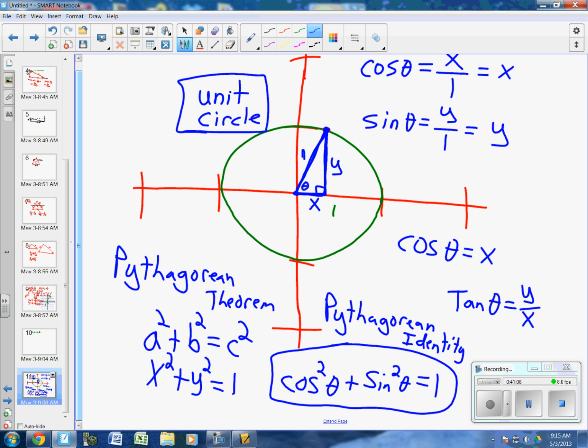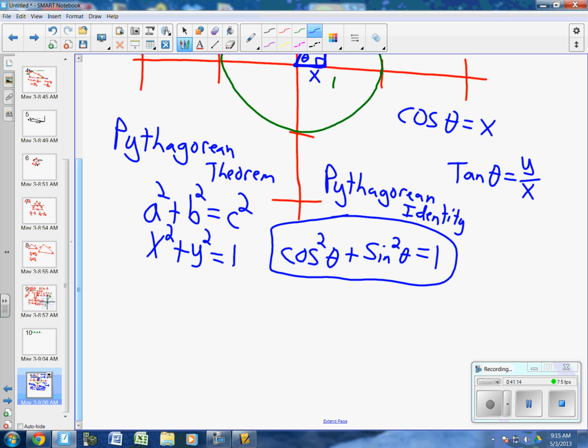And we know that y is the sine and x is the cosine, so I could rewrite this as what? Tangent of theta equals sine of theta over cosine of theta. I need you to know that identity for what we're doing today as well. That's called a quotient identity. What does the word quotient mean?